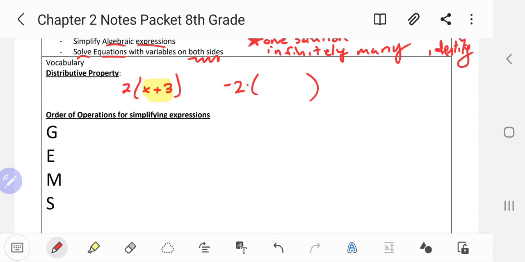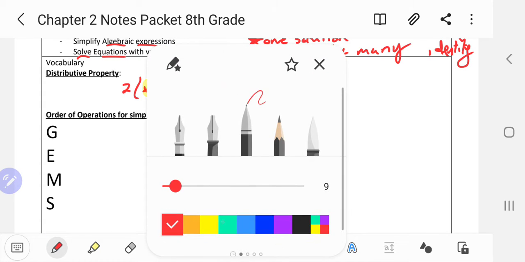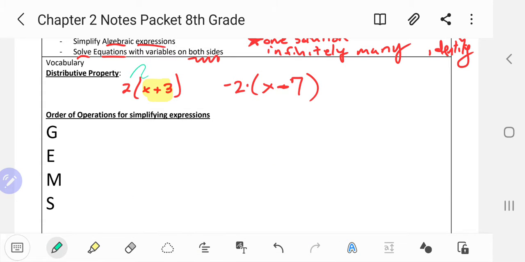That's multiplication because it's next to the parenthesis over a difference, so maybe x minus 7. So we can have a multiplication across a sum or multiplication across a difference, and we would then distribute that multiplication in, get 2x plus 6, or if we distribute that, we get negative 2x.